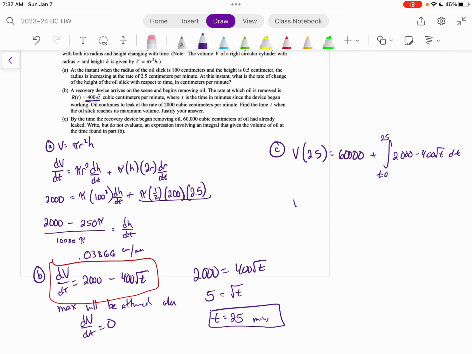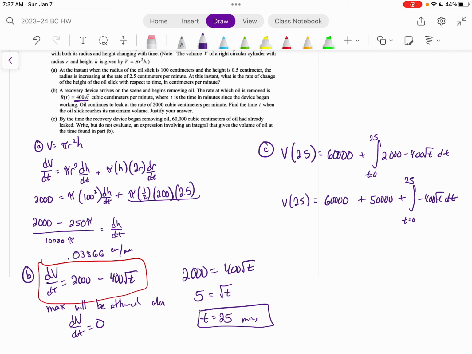I know that 60,000 was in there at the beginning, and then we've been going at this other rate of 2,000 per minute. So that's another 50,000 that have flowed in. And then I'd have my, how much did we remove? Either one would be fine. It just depends on how you think about it.